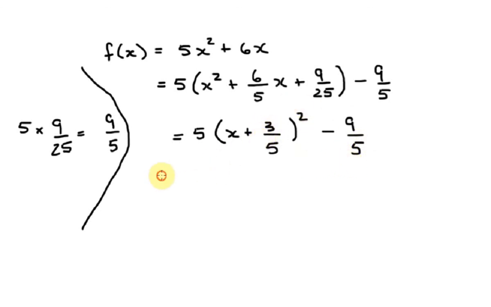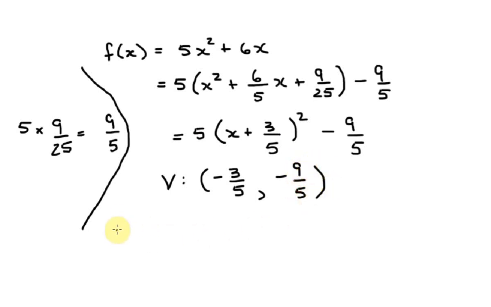So if somebody comes along and says, hey, where is that vertex? No problem. Okay, the number that makes this 0, -3/5. And if we plug that in, and it does make this all 0, which wipes out the whole first part of this, we're only going to be left with -9/5. So we go, yep, there it is.